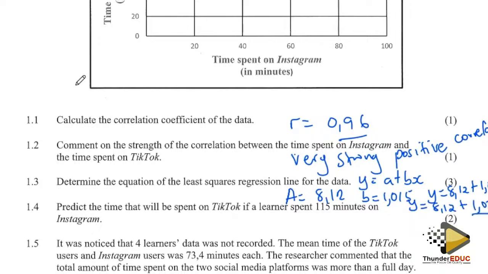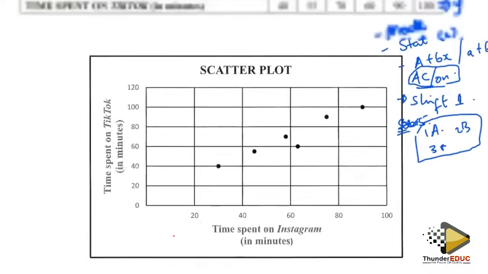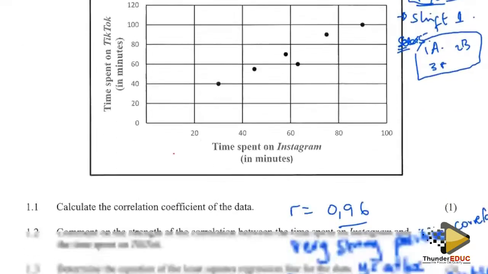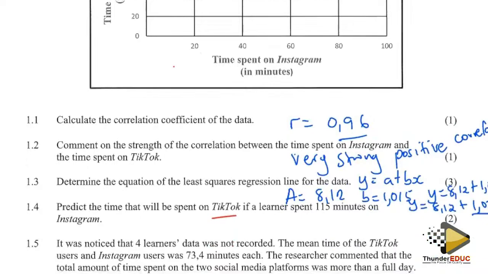Then 1.4, they want us to predict. We're going to use the equation that we obtained. To predict the time spent on TikTok, remember initially we agreed that TikTok is the y variable. If our x is 115 minutes, we just need to substitute. So y is 8.12 plus 1.02 times 115.